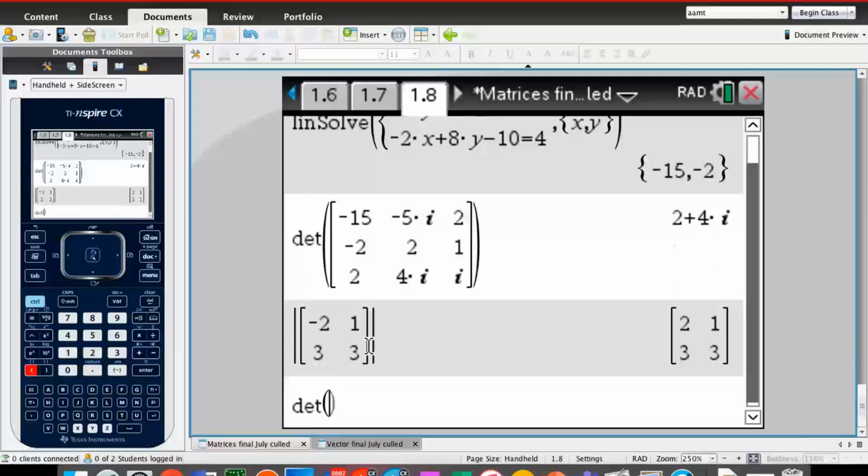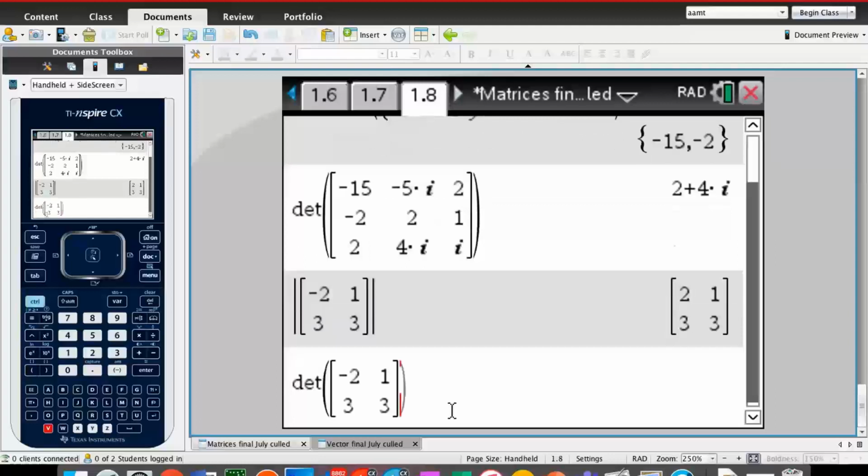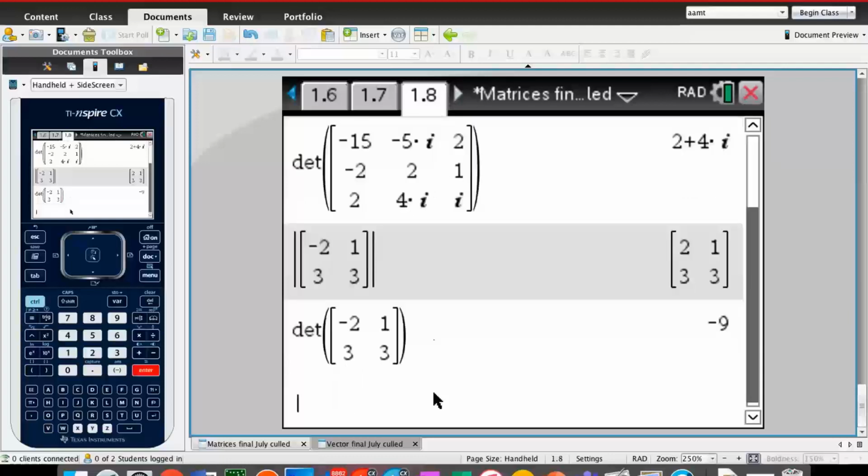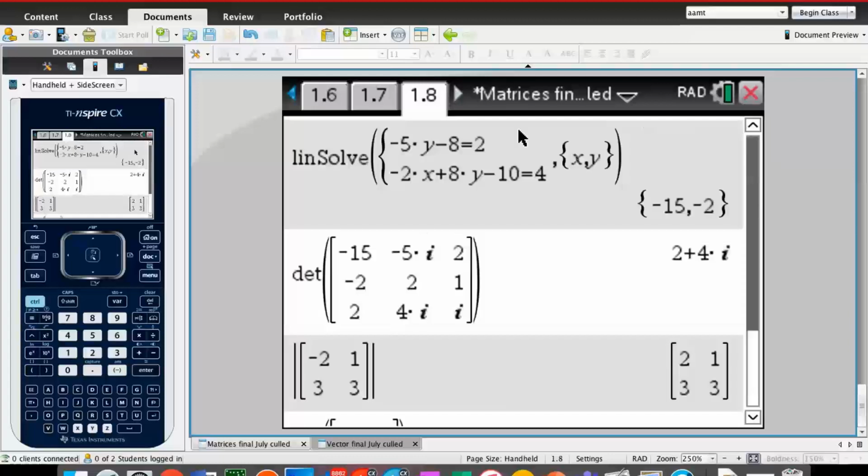And then if I put this in, I'm just going to copy that, paste that in there, and then hit enter. So it should be negative 2 by 3, negative 6 minus 3, so it should give you negative 9. So just remember, when doing the determinant, if you type in DET, you won't have any issues with the matrices.